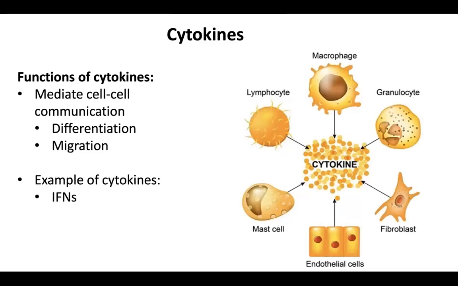In addition to the innate and adaptive immune components that I mentioned before, you might have heard of cytokines. I put this outside of innate and adaptive because both innate and adaptive immune cells, and also some non-immune cells, utilize this for cell-to-cell communication.